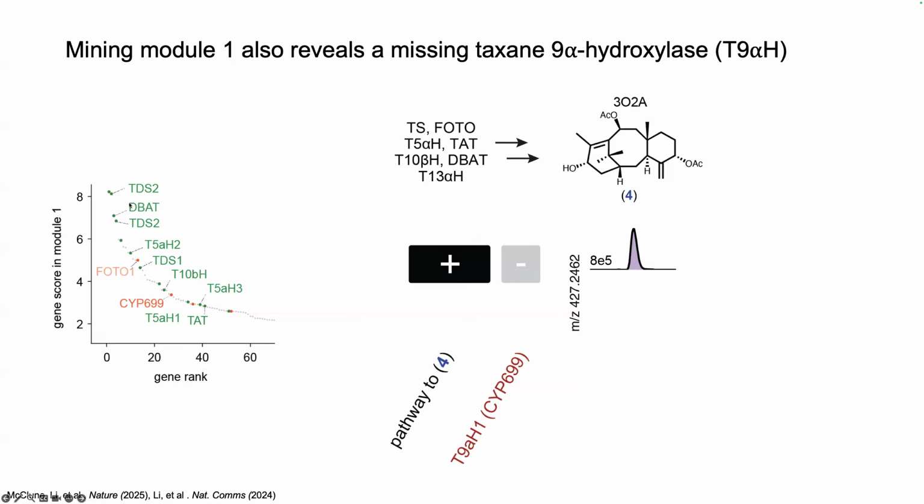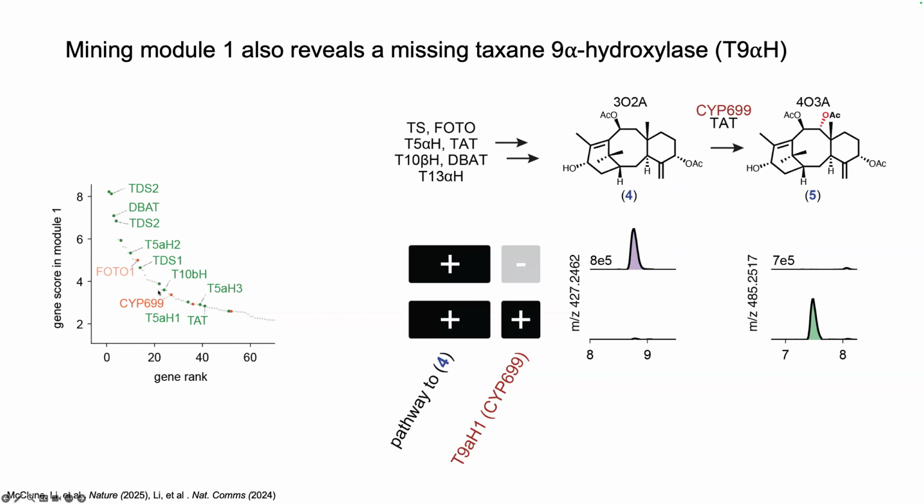And then we just went again down that rank list of candidates in our co-expression module. And doing so, we very quickly found this P450 oxidase. It was able to very efficiently convert this previous intermediate into the next by installing this 9-alpha hydroxylation up on the right here.